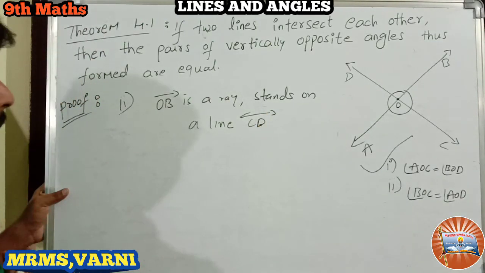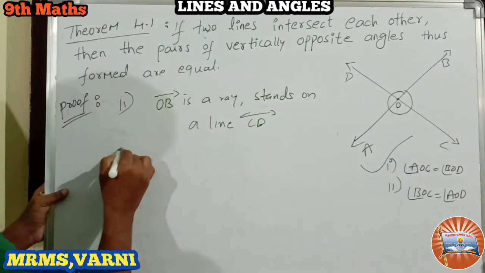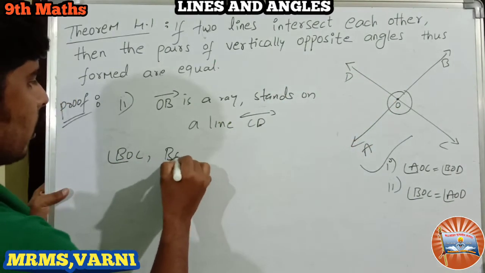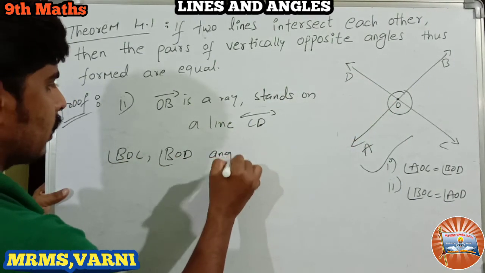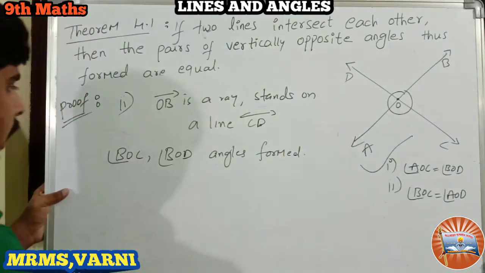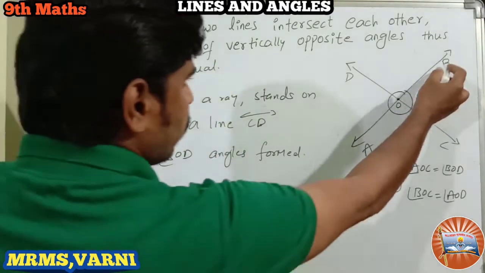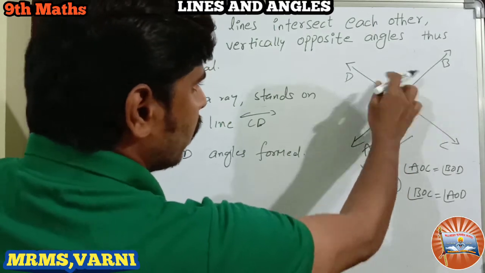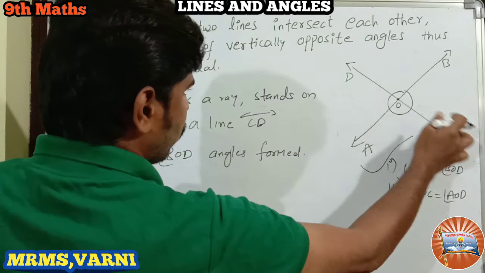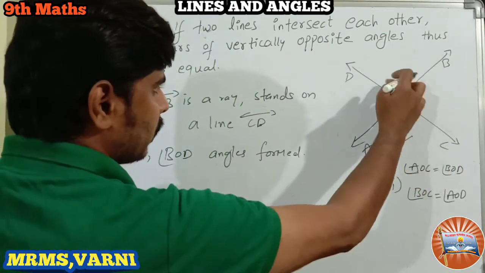So what are the angles formed? BOC and BOD are the angles formed. And they are adjacent angles, isn't it? So BOC and BOD are adjacent angles. The sum of BOC and BOD is nothing but 180 degrees, that is a straight angle.